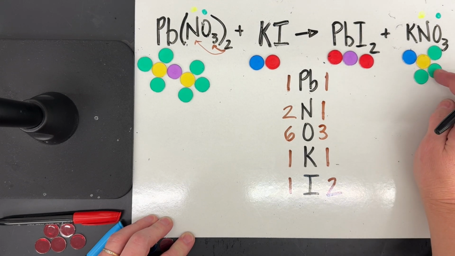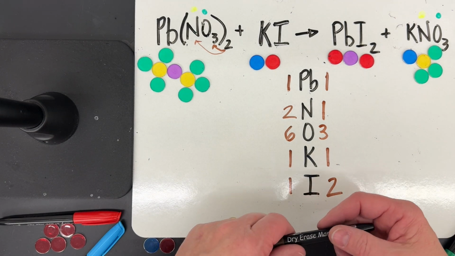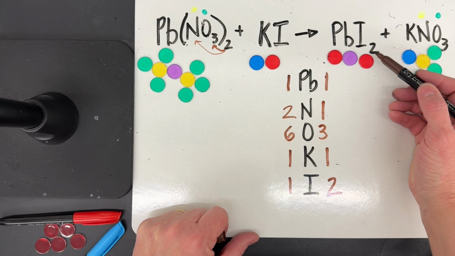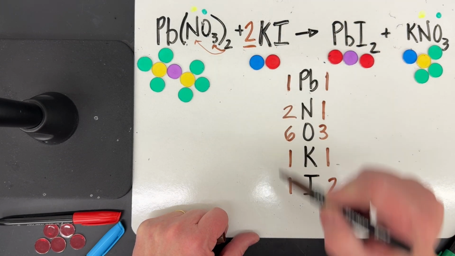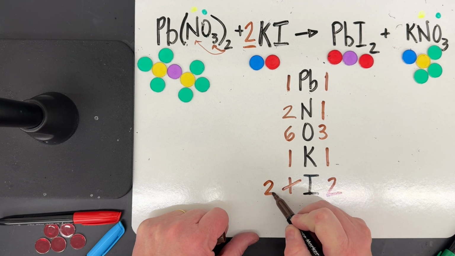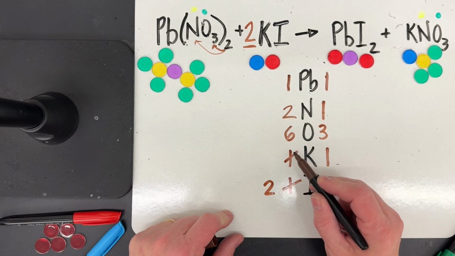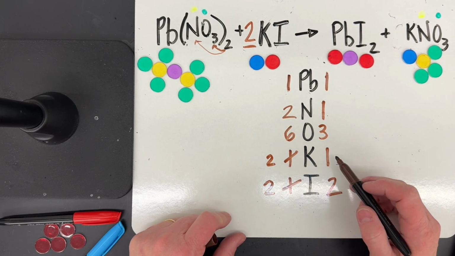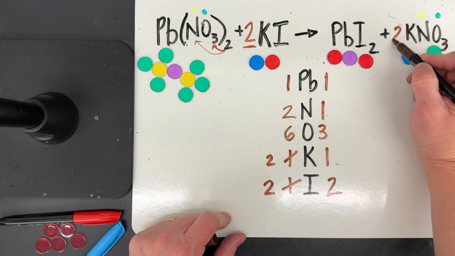Start the same way as I did before, kind of going from the bottom up. If we have 2 iodines here, we have to put a 2 over here. And so that changed this to a 2, but remember that also changes the K to a 2. So now we might as well go over here and make this 2 Ks.